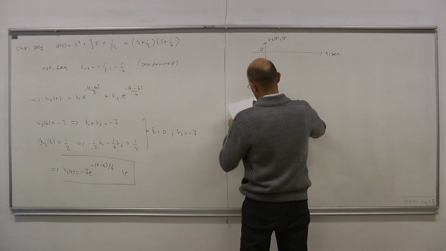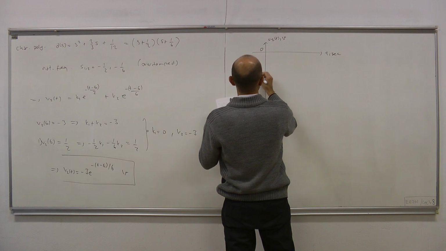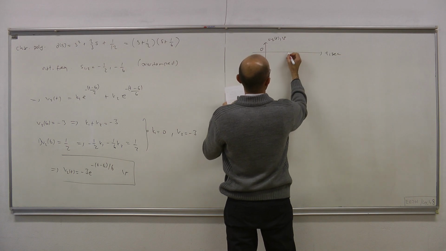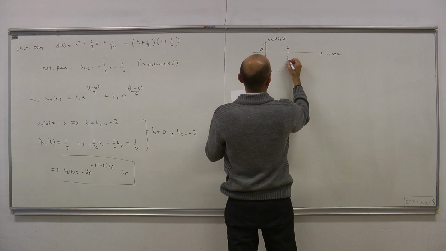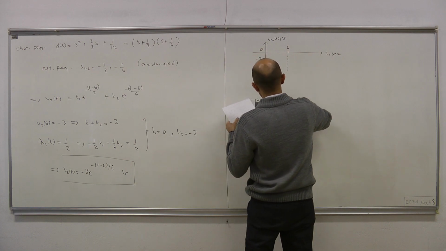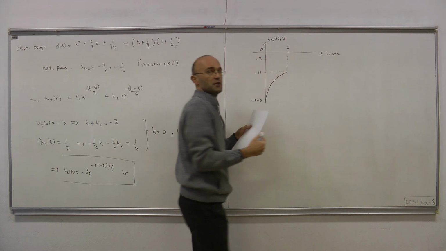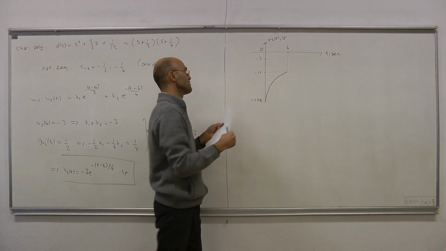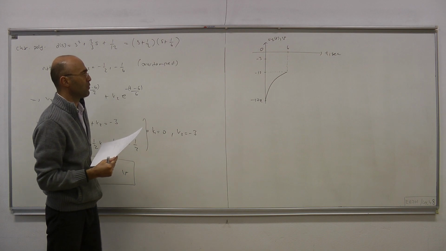Something like this, towards 0. At t equals 6 minus, let's say, we reach minus 10 volts. V2 becomes minus 10 volts.